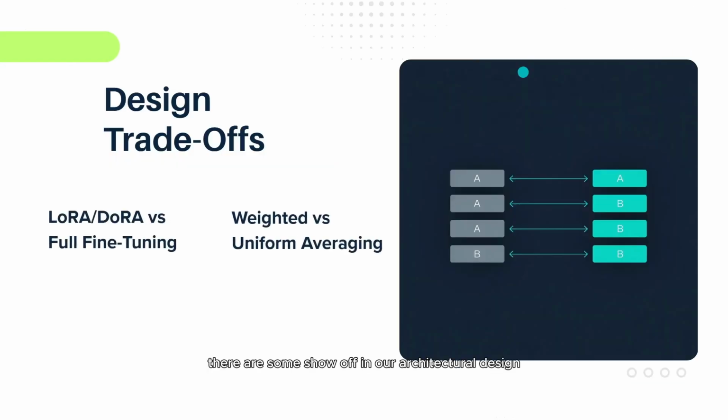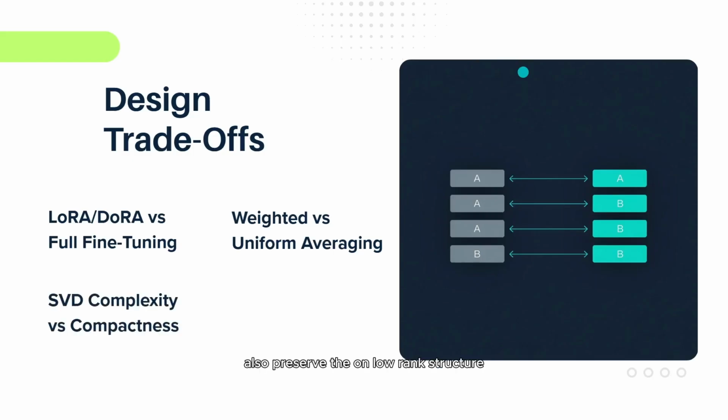Also, there are some trade-offs in our architectural design. First, between LoRA and full fine-tuning, we use LoRA. Also, we would like to use weighted instead of the default averaging. Although default averaging is simpler, it ignores data imbalance, potentially biasing the aggregated model, so it's not as effective as the weighted.